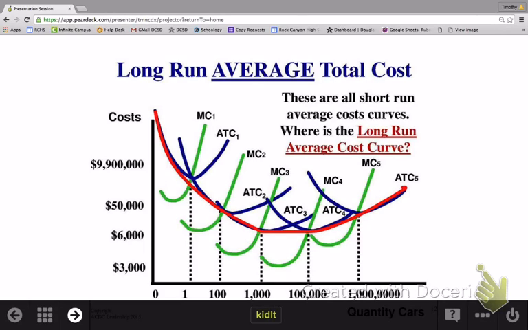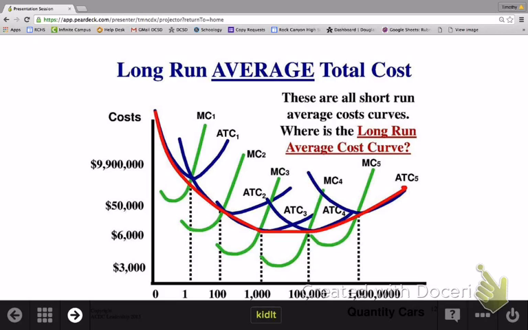But if you draw a curve that is tangent to the minimum of each of the short-run average total cost curves, you will then derive and draw the firm's long-run average total cost curve. And notice that is shown here with the red curve. The short-run average total cost curves that make up the family are shown in blue.